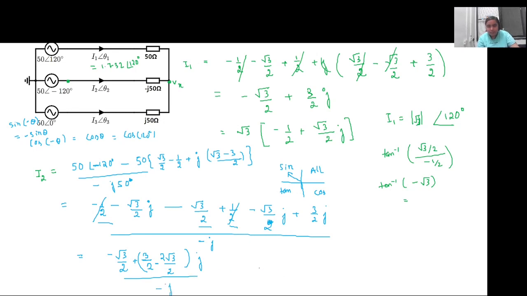So let's just get rid of this minus part first. So it will be root 3 by 2 plus 3 minus 2 root 3 by 2, j by j.